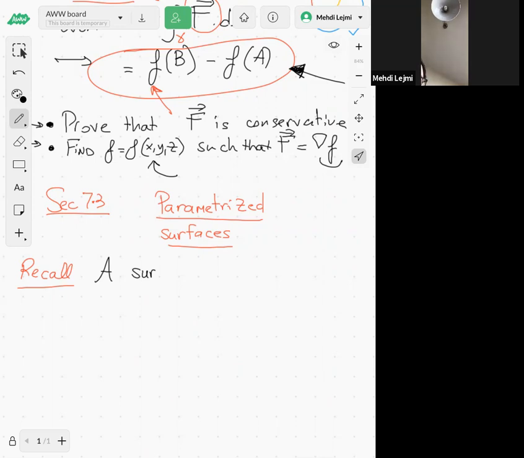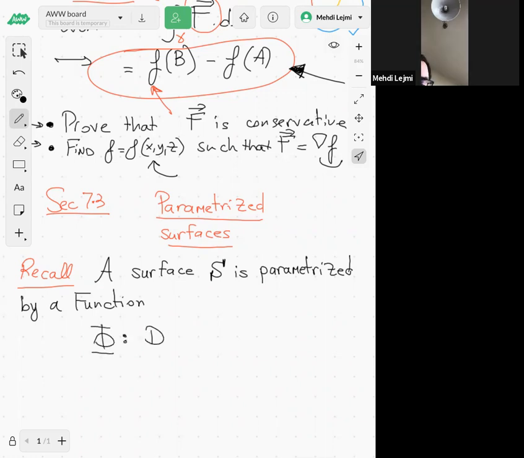The surface S is parameterized by a function, let's say function phi, from some region in R2 to R3.